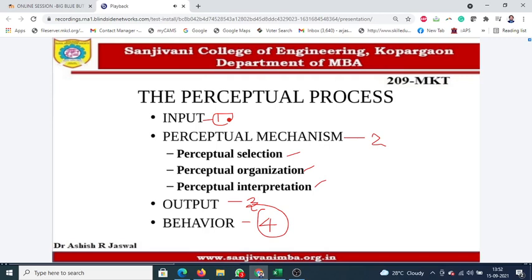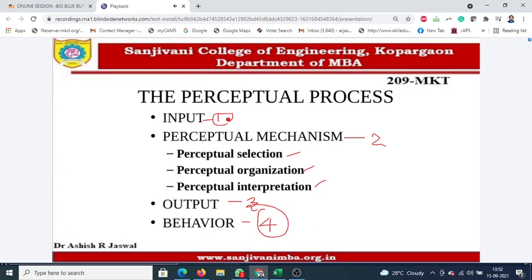When will the perception process start? The perceptual process begins when the sensory receptor detects a stimulus in the environment. And this stimulus which the sensory receptor detects is going to be an input to the perceptual mechanism.